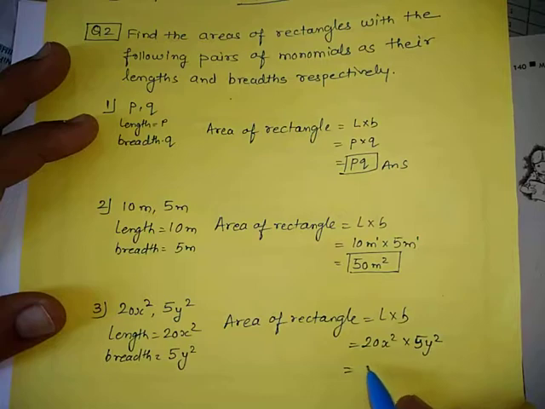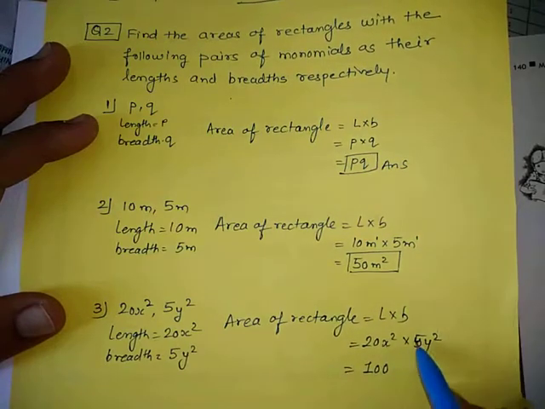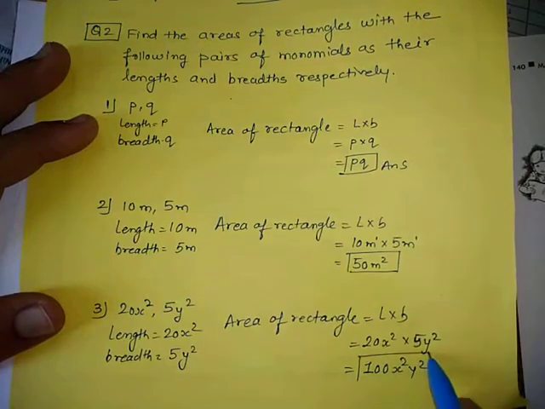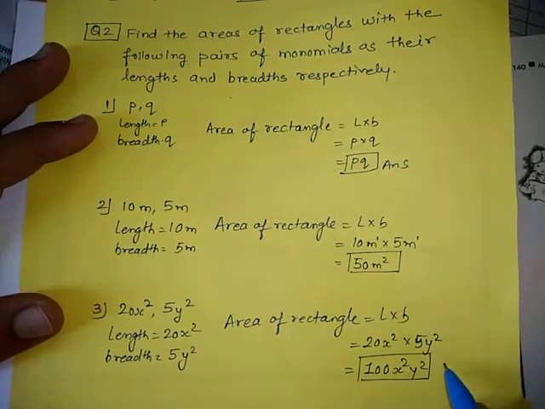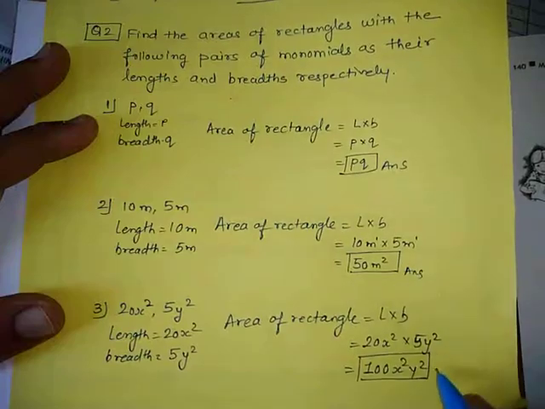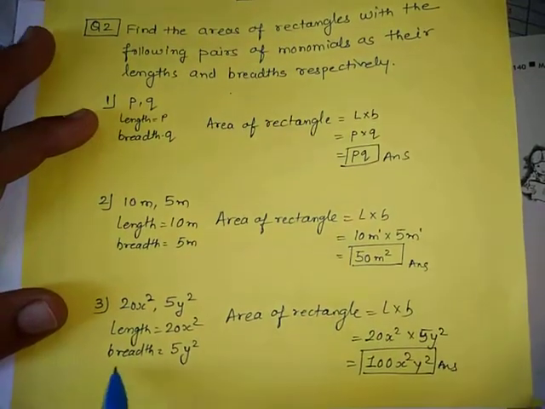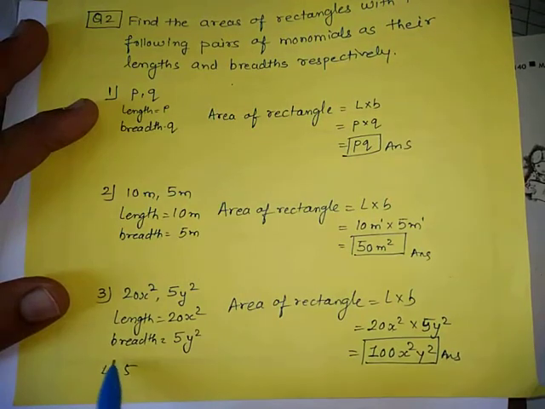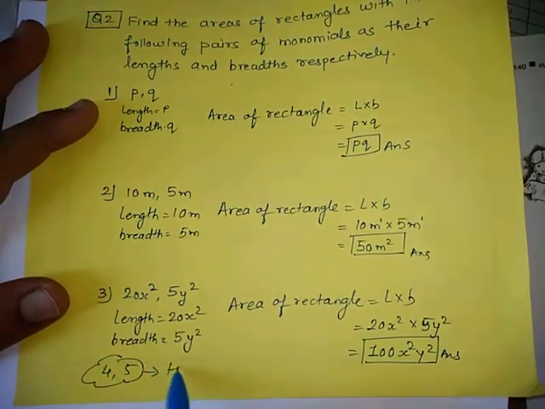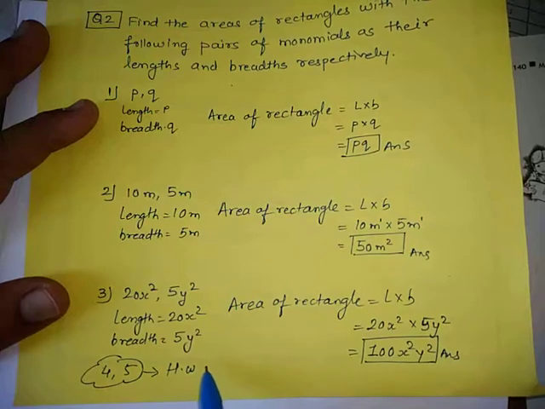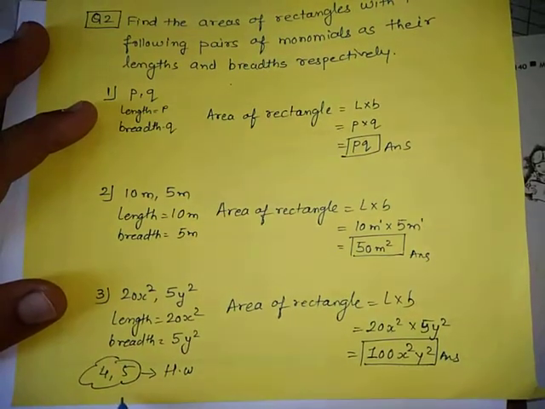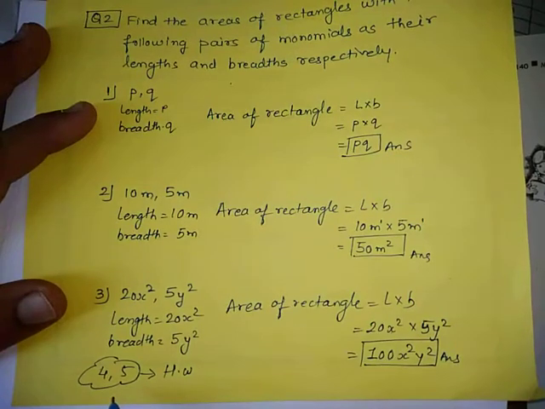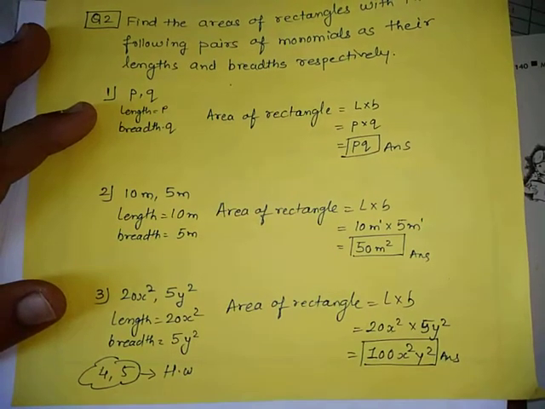So 20 into 5, that will be 100, x square and y square. So these are the three different answers for area of rectangle. Question fourth and fifth are our homework. Clear? We can proceed further for question number 3.